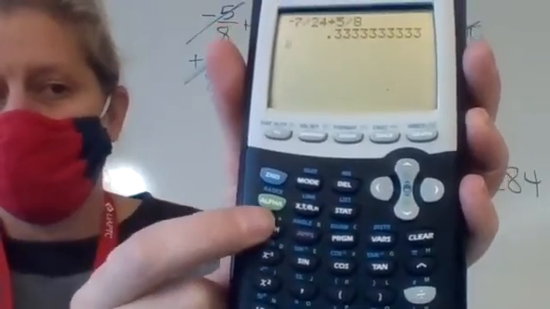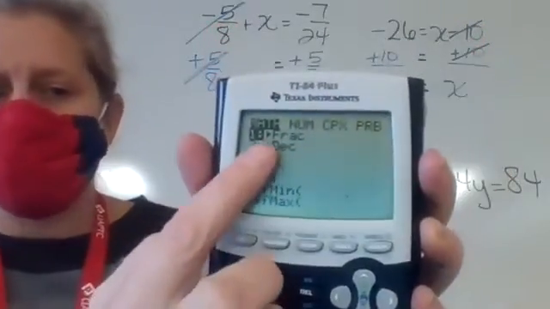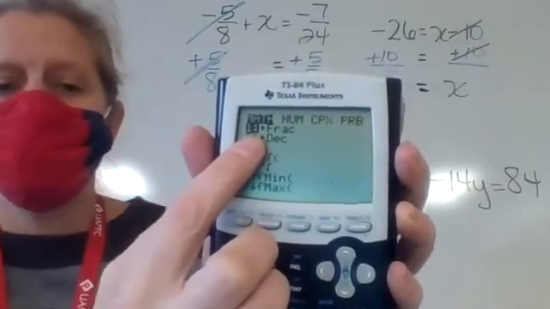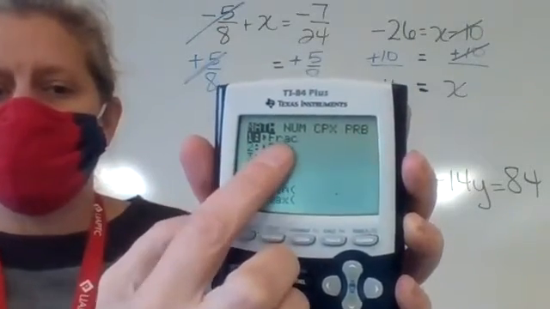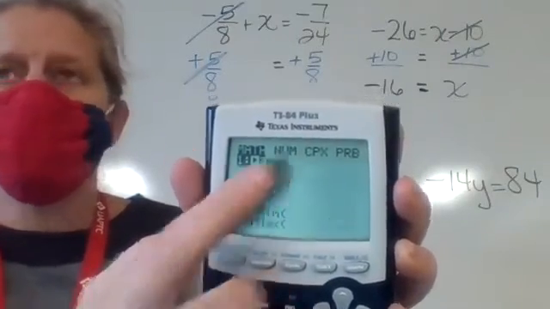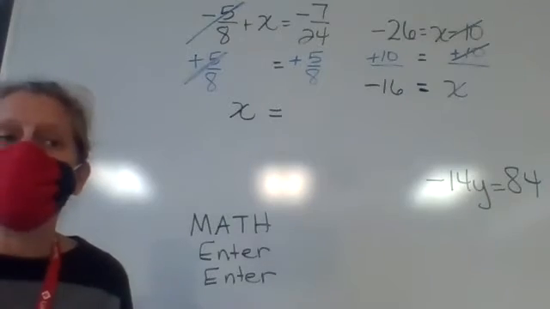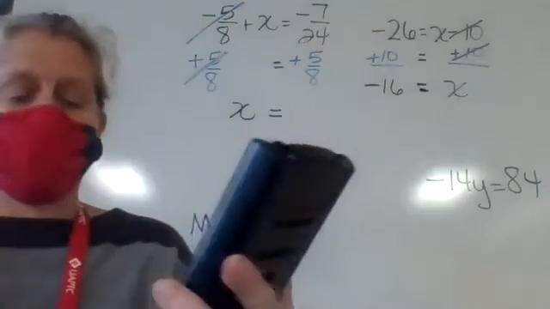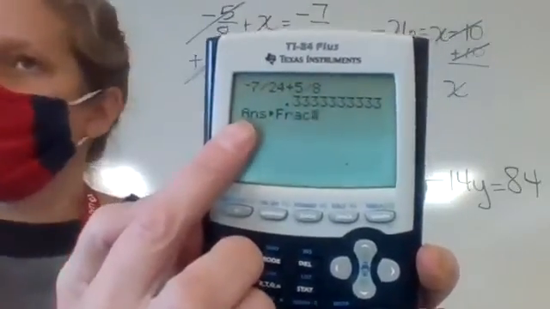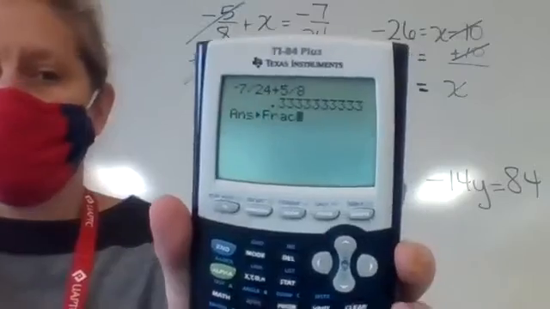When you hit your math button, the very first thing in the math button function is number 1. It's got that little arrow and then it says fraction or frac. That means, do you want me to turn that 0.33333333 into a fraction? So you say yes, which means enter. Again, it wants you to reassure yourself. Turn your last answer into a fraction, enter.